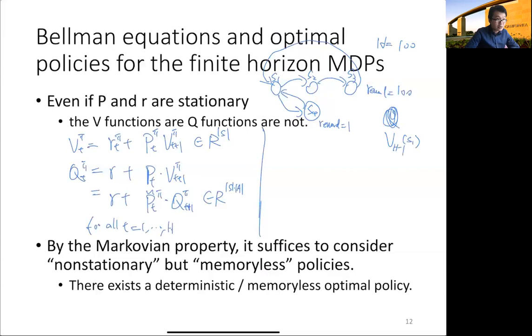Clearly, it is not the same as the value you would have gotten if this index were h-2, because then you can afford to take 2 steps to S3 and get a reward of 100. But at the last but one step, you only have 1 action left. The best you can do is not to go to S2, which doesn't give you any reward, but to transition to S4, which gives you the reward of 1.